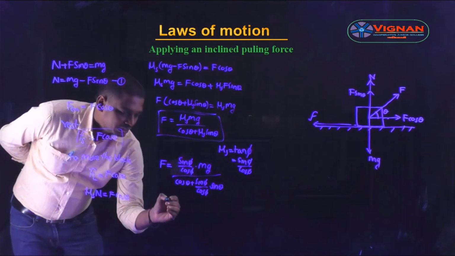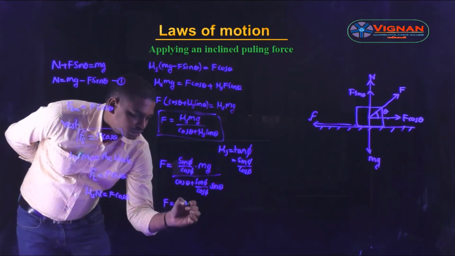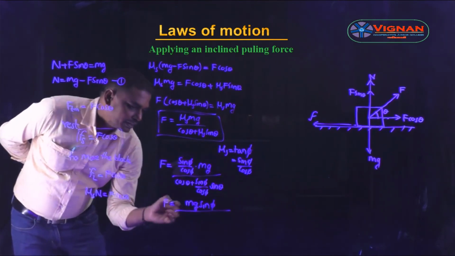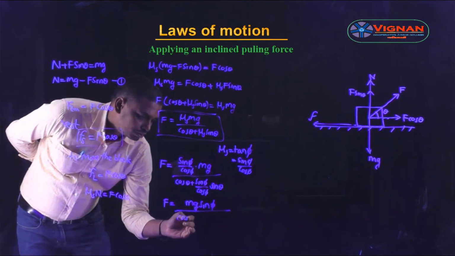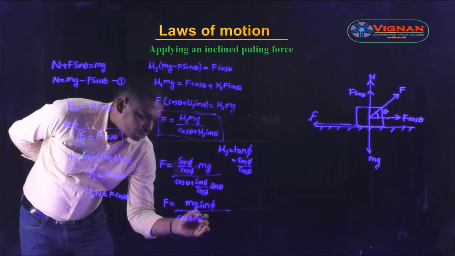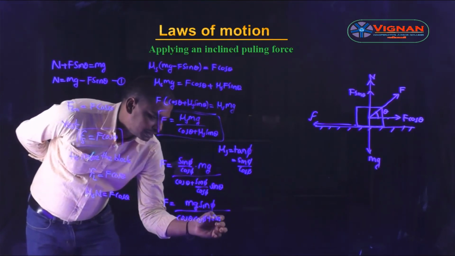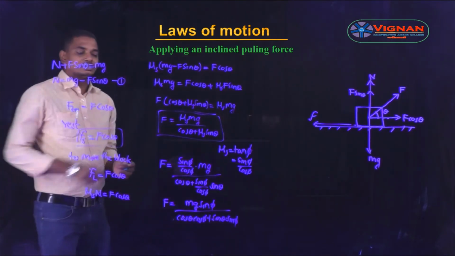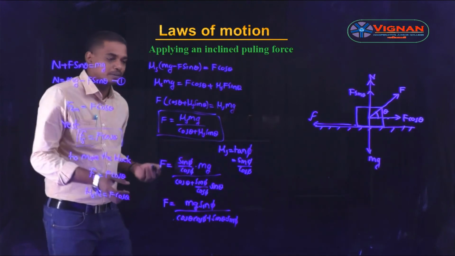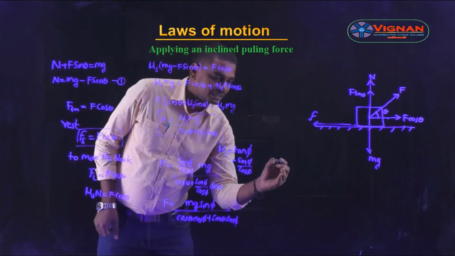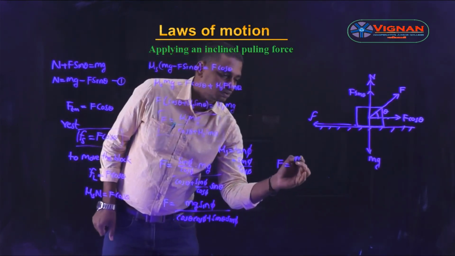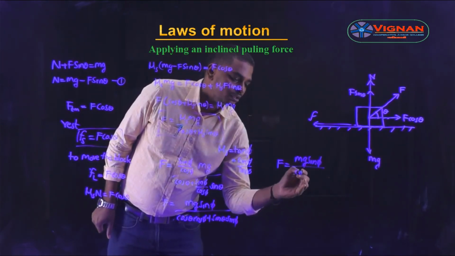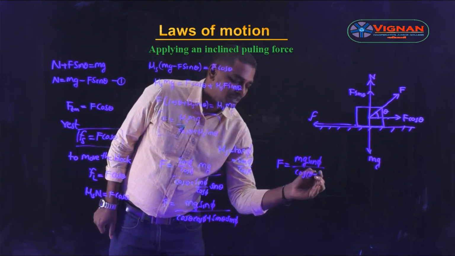From this we can write F is equal to mg sin phi divided by, simplifying the equation, (cos theta into cos phi plus sin theta into sin phi). Cos A cos B plus sin A sin B is nothing but cos (A minus B). So this equation can be written as F is equal to mg sin phi divided by cos (theta minus phi).